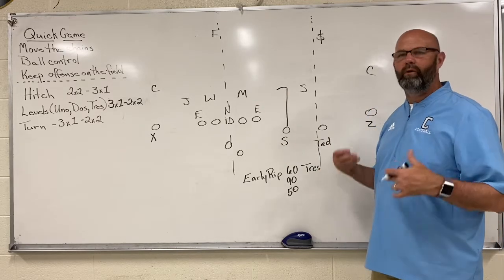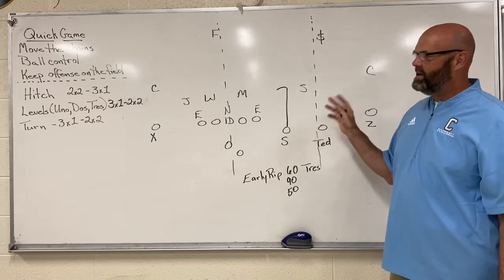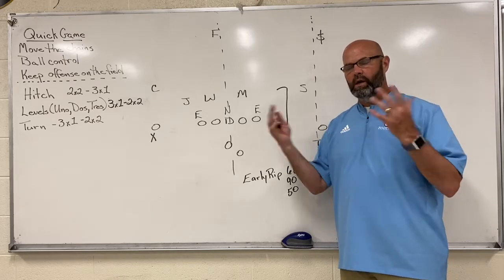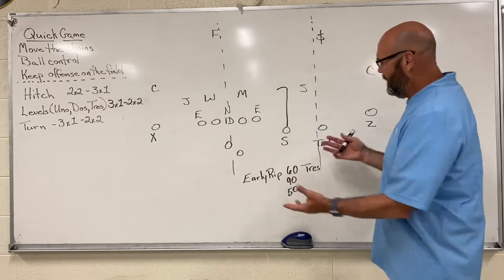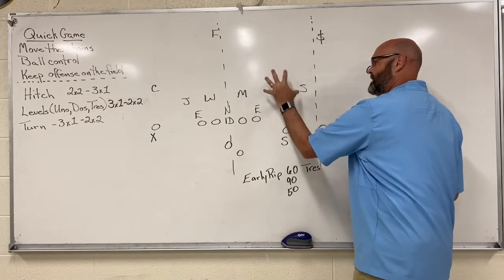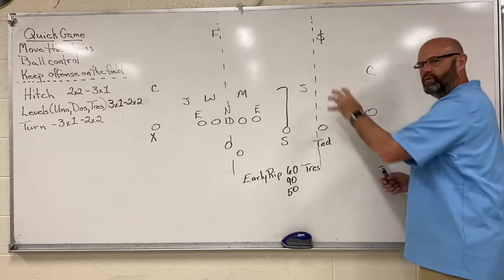Now, we don't want him running in there and trying to run over the linebacker, but if you notice, in defenses, there is a void, there is a space in defenses where no one is occupying. Here is one of those voids in between the Sam and the Mike. There is space here that we want to attack. There's also space here that we want to attack.